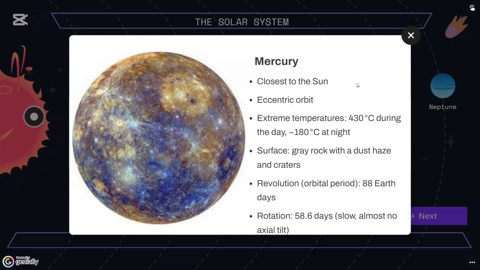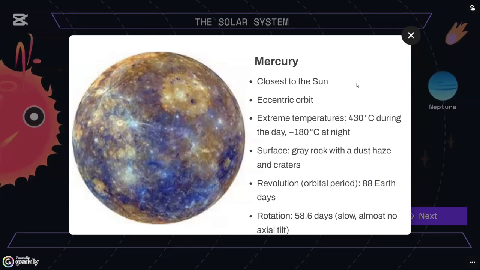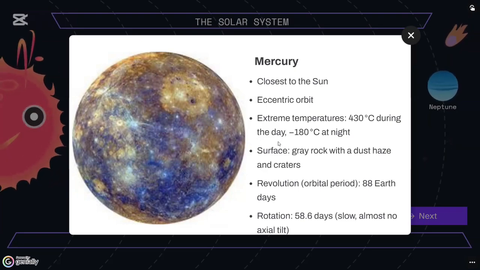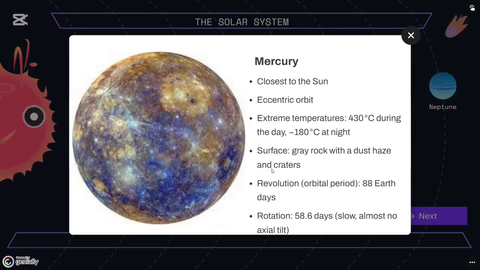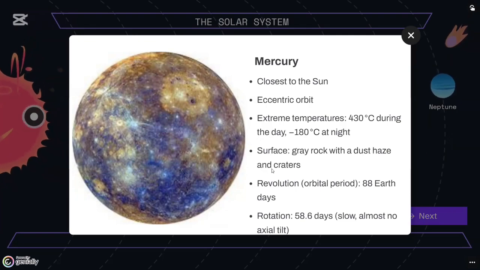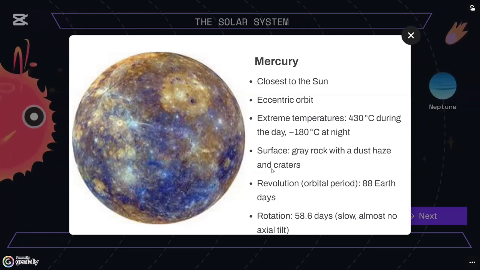The temperatures are extreme, 430 degrees Celsius during the day and minus 180 at night. Its surface is covered with great rock craters and dust. Mercury orbits the sun in just 88 days, but it spins very slowly on itself. It takes 58.6 days to complete one full rotation.